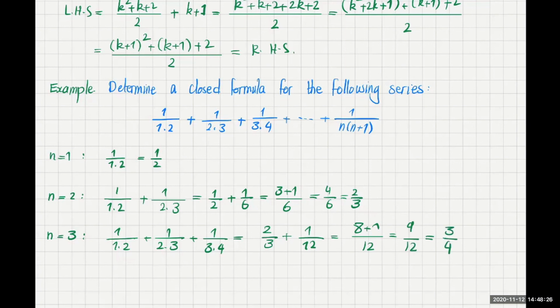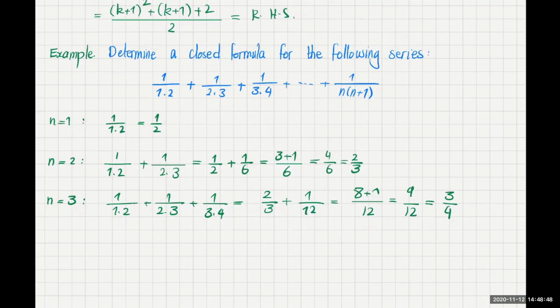And I think now the pattern is revealed, yes? When n is equal to 1, you have 1 divided by the next number 2. When n is equal to 2, you have 2 divided by the next number 3. When n is equal to 3, you have 3 divided by the next number 4. So what would be the guess?